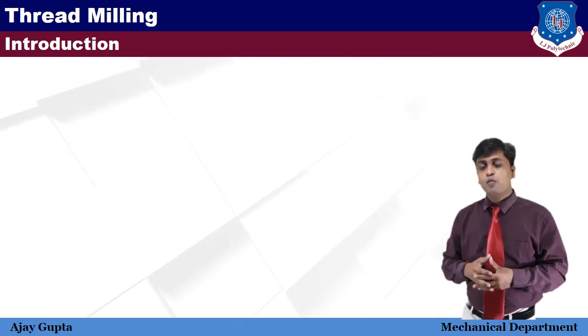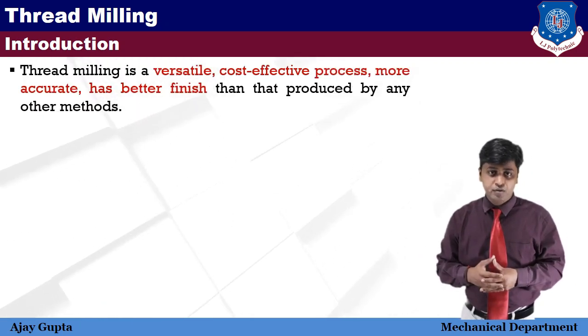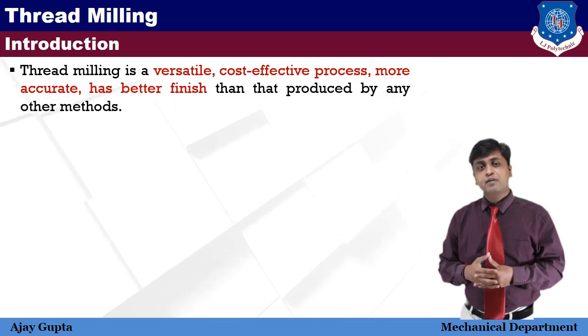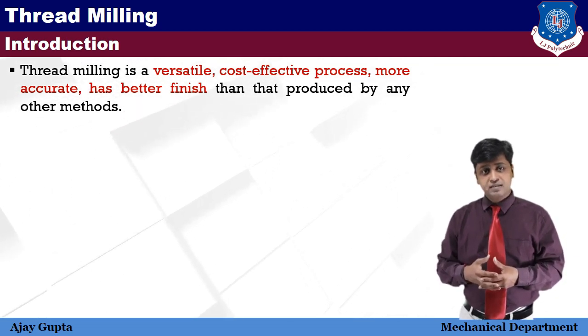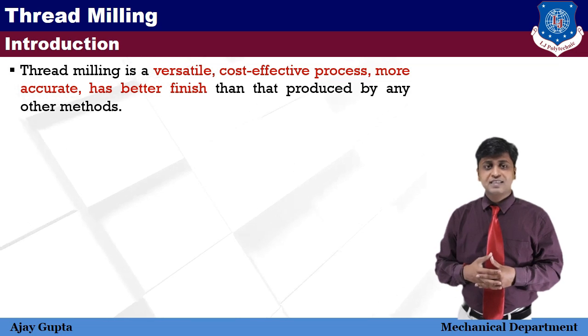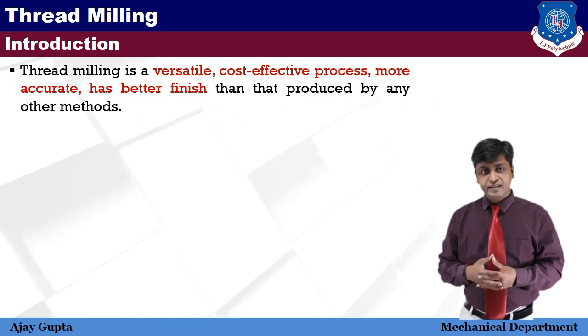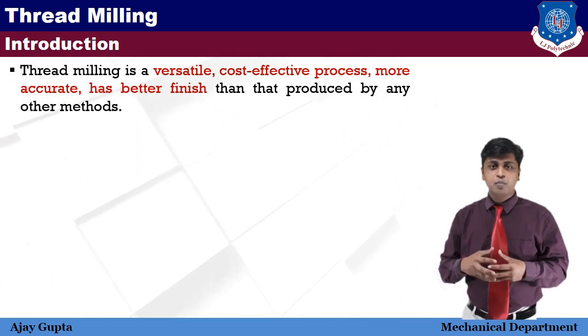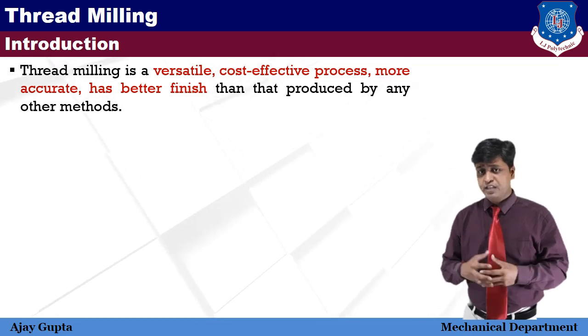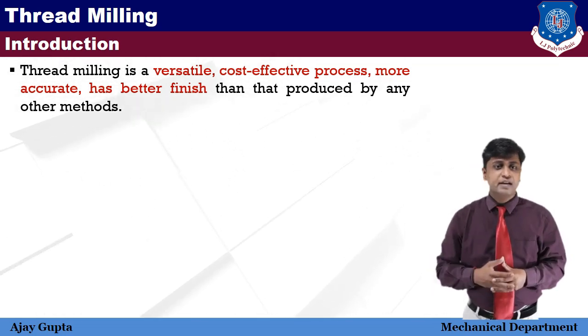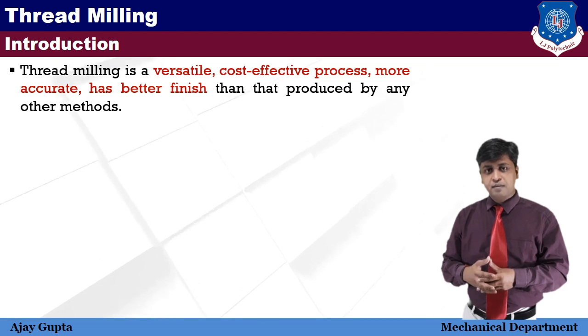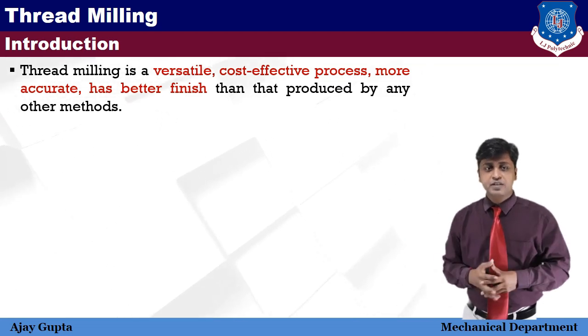So thread milling is a versatile, cost-effective process for anyone cutting a variety of threads, parts and workpiece materials on the same machine. Threads produced by this method are more accurate and have a better finish than those produced by other methods, such as taps, dies and lathe machines.